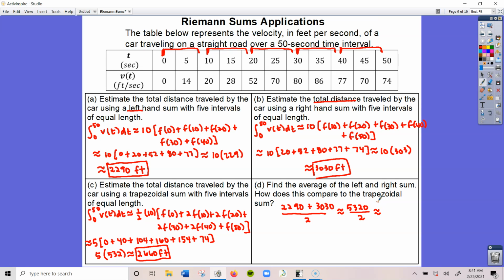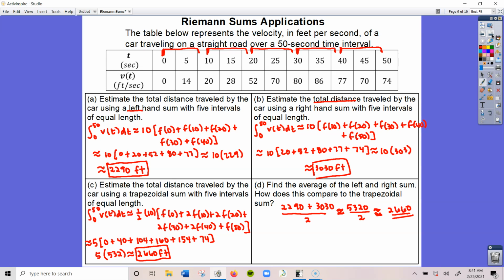And when we divide that by 2, we get 2,660, which is the same as the trapezoidal sum. So that's the thing. If you're using a trapezoidal sum, if and only if those intervals are of equal length, it is equal to the average of the left and the right sum.